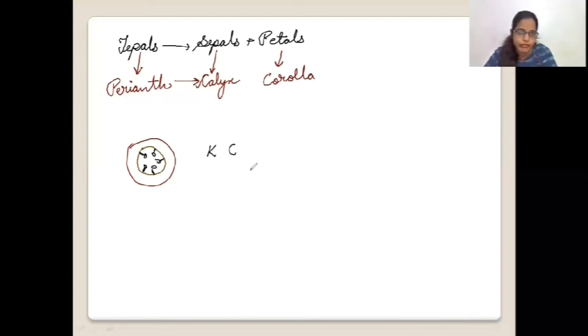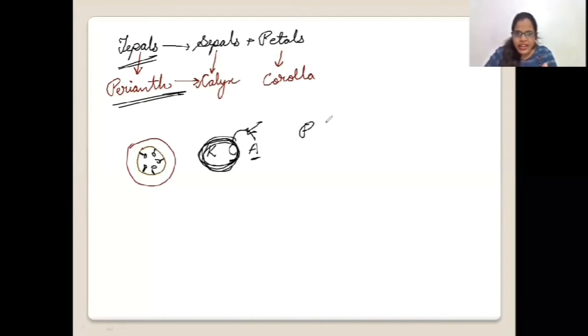To write the floral formula I am explaining, we just draw an arc. This arc shows that the petals and the stamens are attached. Now, in some of the families where perianth is found or tepals are present, the androecium is attached with the tepals, then we simply show P for perianth and androecium, and we just draw an arc.